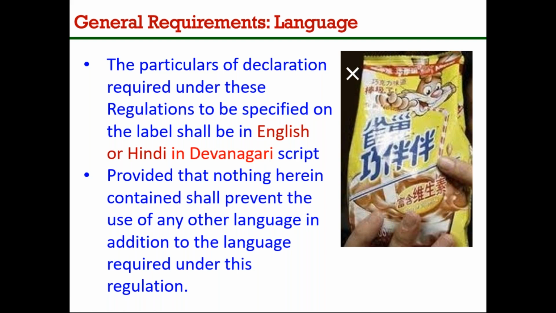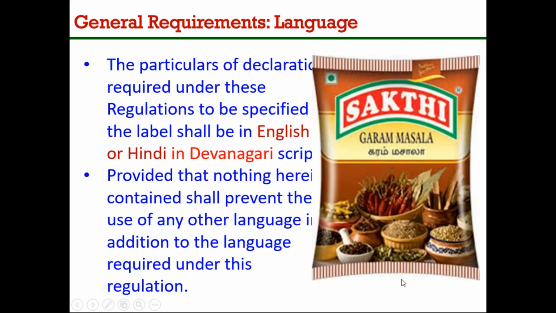What you see on the right is a packaged food which has neither English nor Hindi, and therefore it is non-compliant with our regulation. You have this packaged food here which complies with our regulation, although another language, Tamil, is used, because as per our regulation you have English written that it is garam masala.